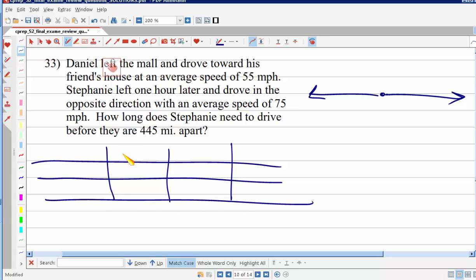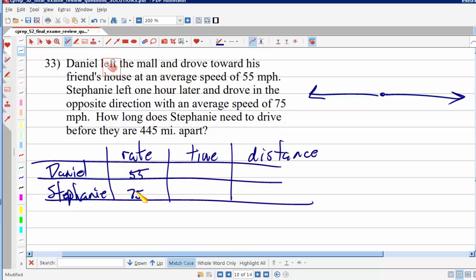So I'm going to have two entries, and the formula is rate times time equals distance. So I'm going to have Daniel and Stephanie. Daniel's rate is 55. Stephanie left an hour later and in the opposite direction with an average speed of 75.